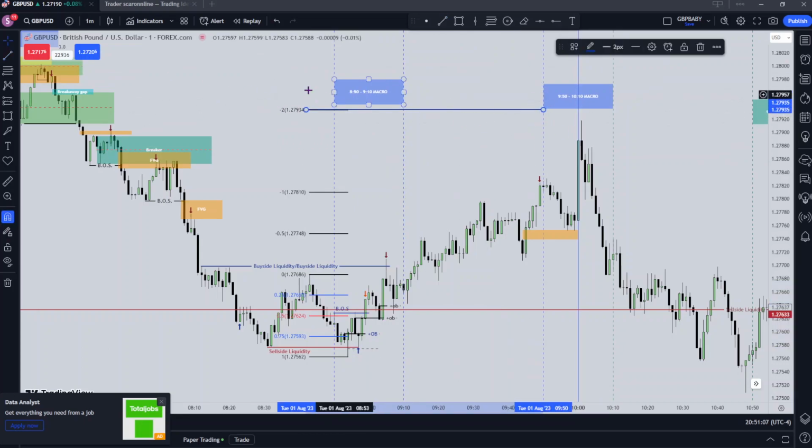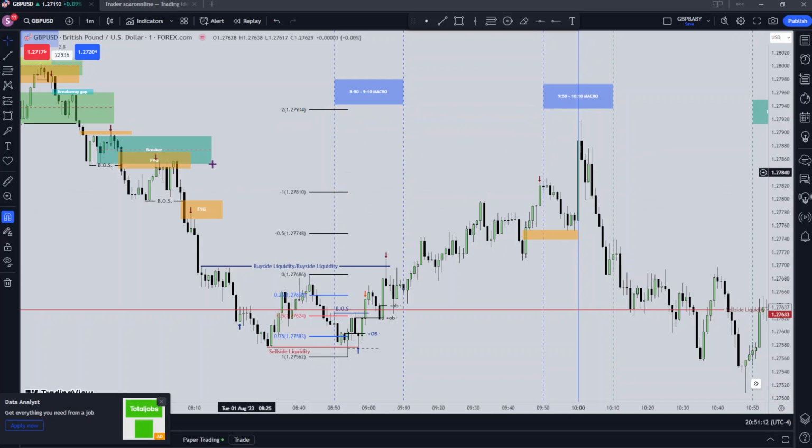And we don't actually reach that -2 level, so it's not even. There's relative equal highs though.